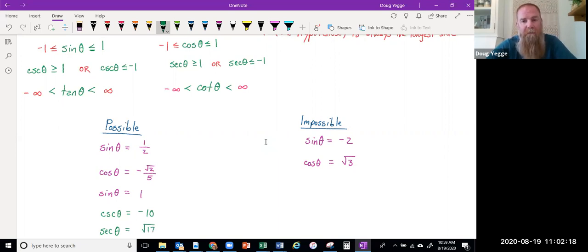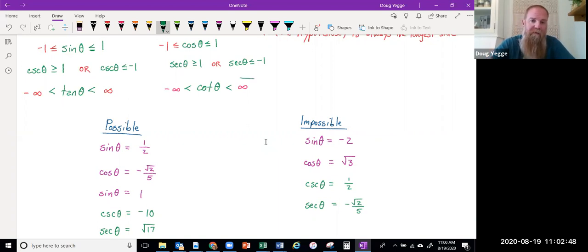Those are possible. But what's not possible is for cosecant of theta to be equal to 1/2, because cosecant of theta can't be between -1 and 1. It's impossible for secant of theta to ever be a value of -√2/5, because it has to be somewhere bigger than 1 or less than -1.